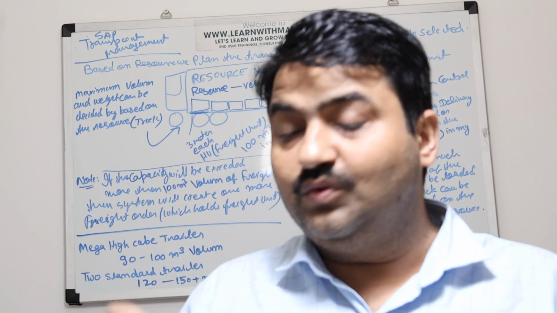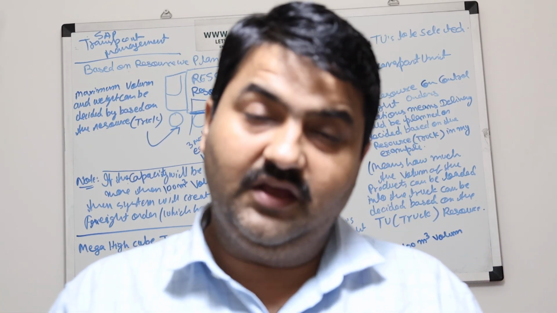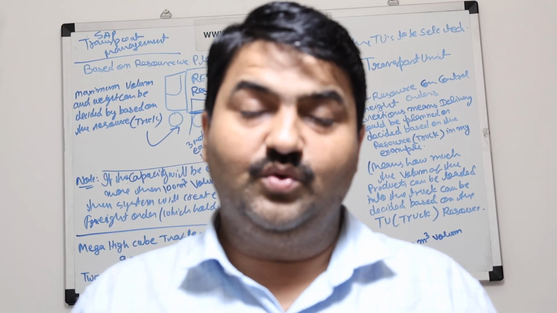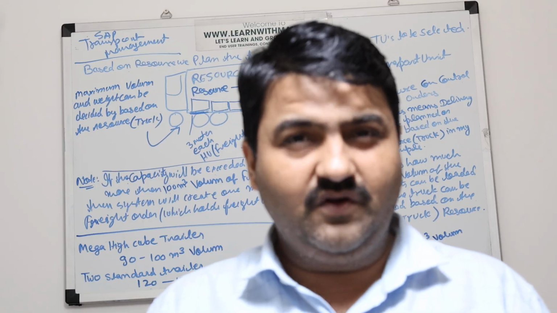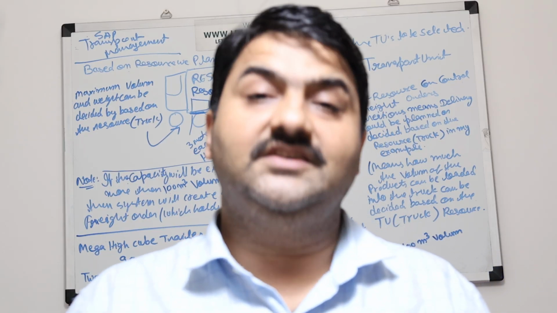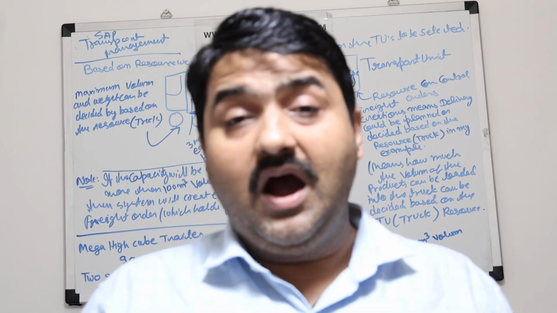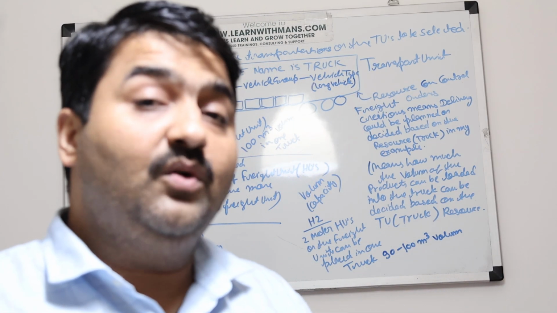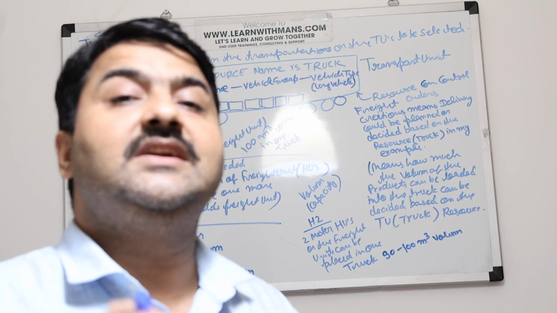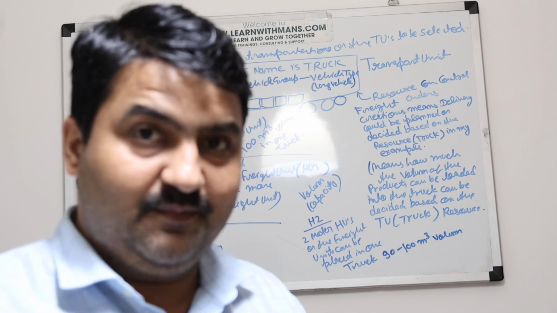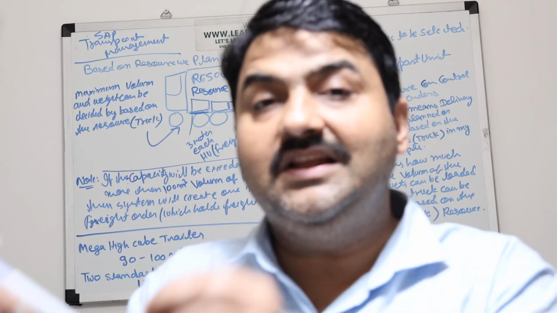Through the transportable unit we send the goods to the customer. In the SAP system there is the transaction code /n/SCWM/TU to create a transportable unit. But today I will show you how the resource works. Here I am talking about the trucks. Resource means truck.